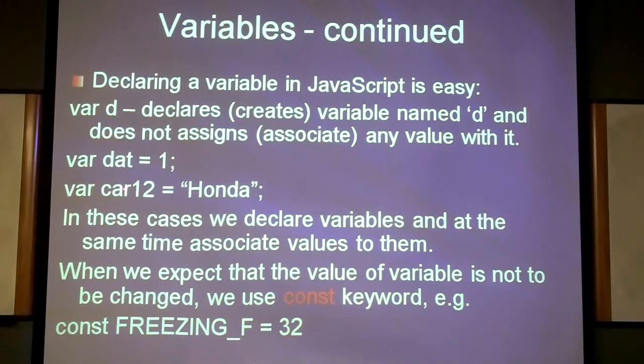When I'm creating variable DAT, I'm not saying that I'm going to store numeric values there. Or when I'm creating car12, I should not declare that this variable car12 will contain a string, or basically information which is encapsulated in double quotes. There is absolutely no need for that. Basically, you are free to do whatever you like. Create a variable, assign anything you feel comfortable with.